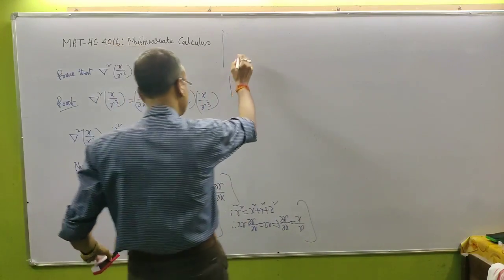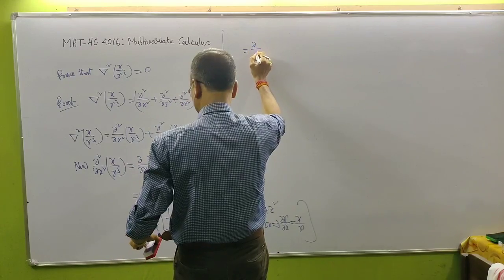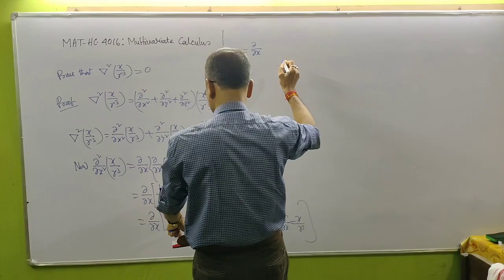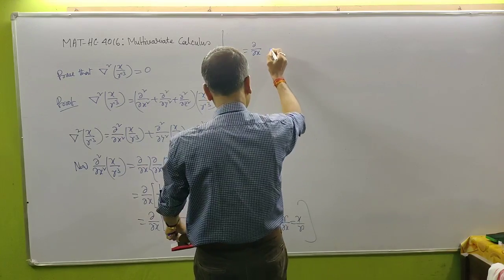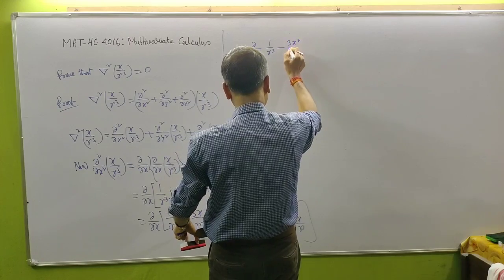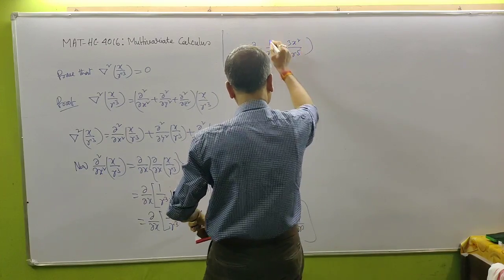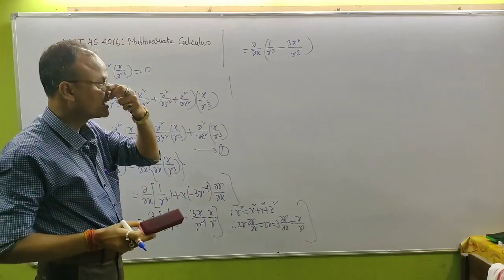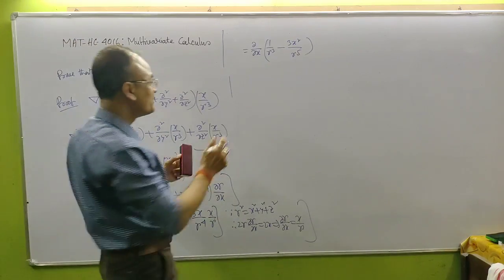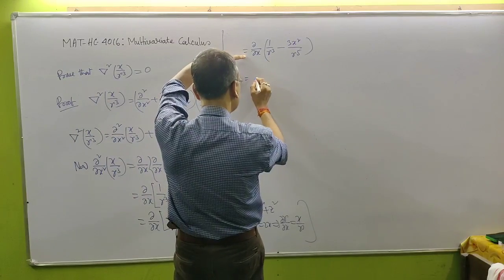This is equal to del by del x of 1 by r cube minus thrice x square by r to the power 5. It will be like this. Now, what is this?